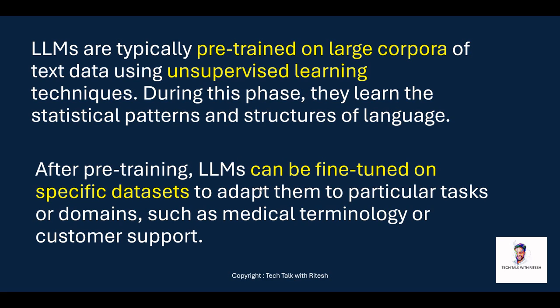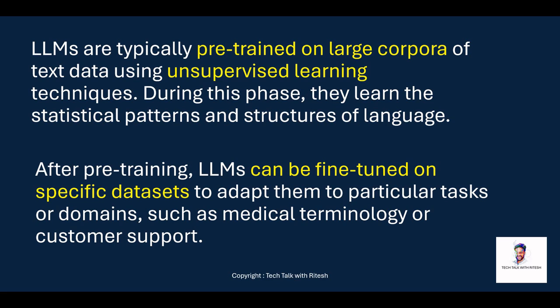After pre-training, LLMs can be fine-tuned on specific datasets to adapt them to particular tasks or domains such as medical terminology or customer support. So what does that mean? For example, we can fine-tune our model.